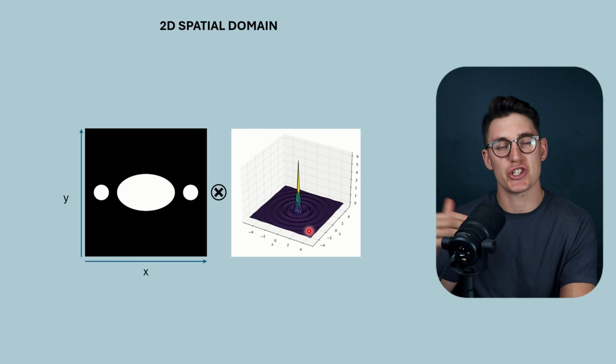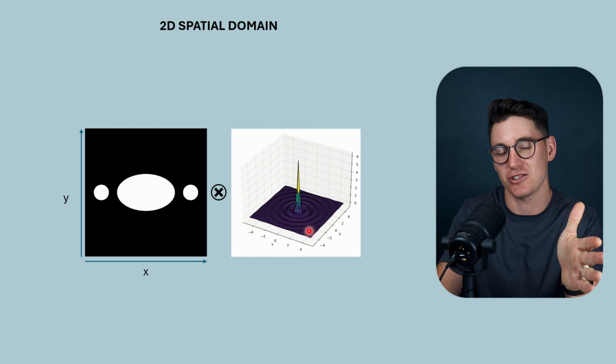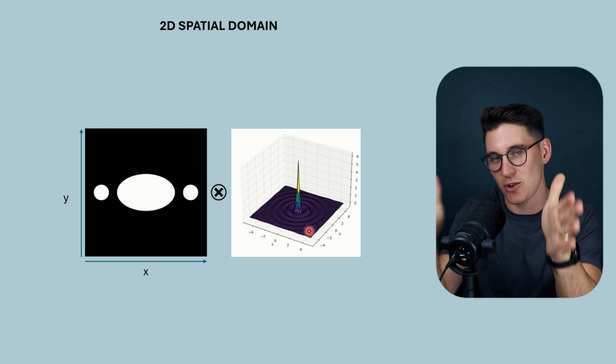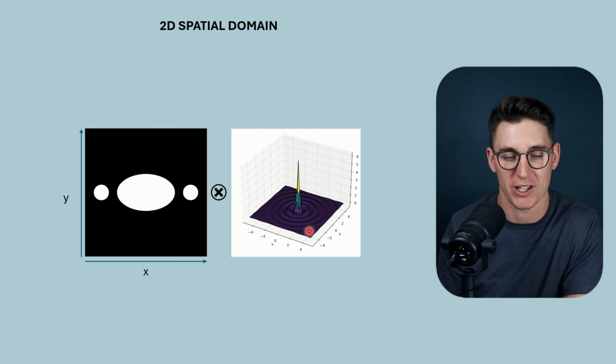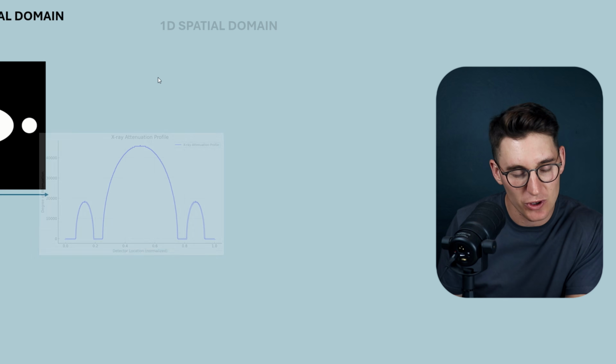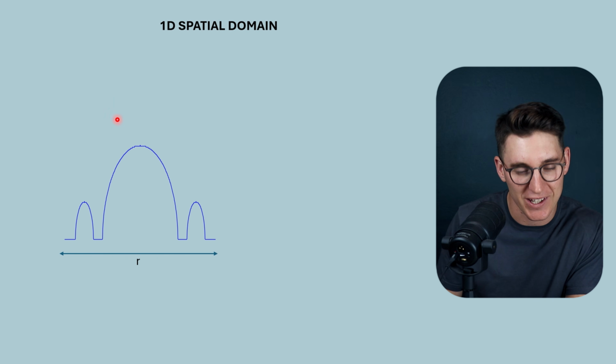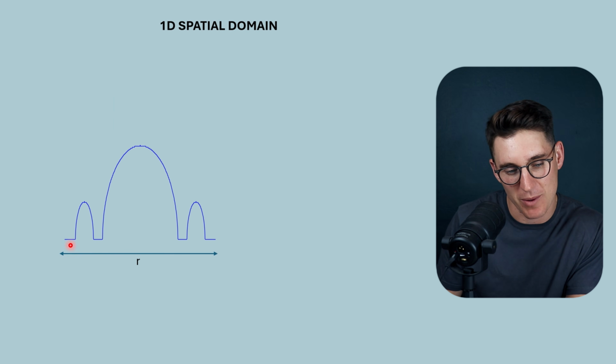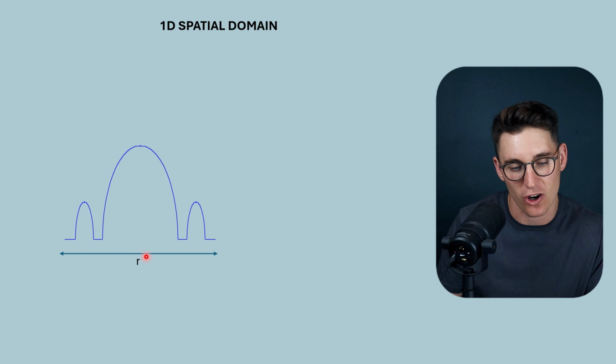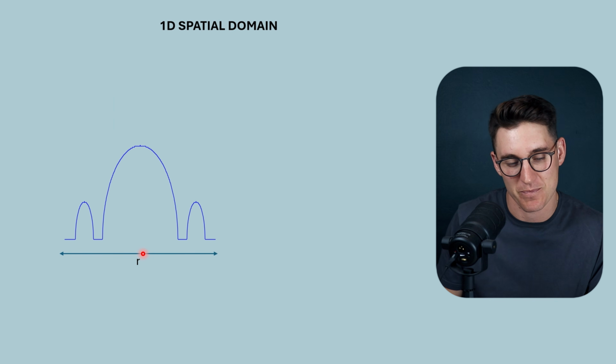Now, we've also seen projection data. That's one-dimensional data. We're looking at the attenuation data through one angle through our patient. So we can get 2D spatial domain, and then we can represent data in the one-dimensional spatial domain. This is for a specific angle through the patient, and we represent this x-axis now as r. It's known as the radial distance away from the center of the detector.